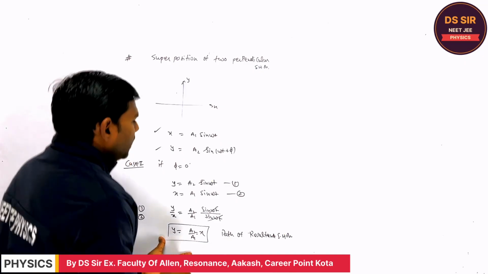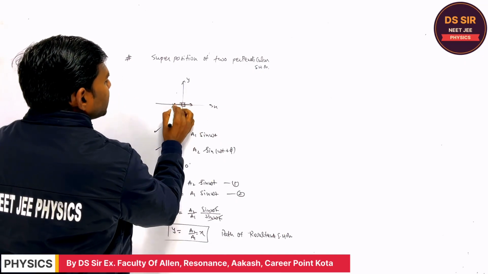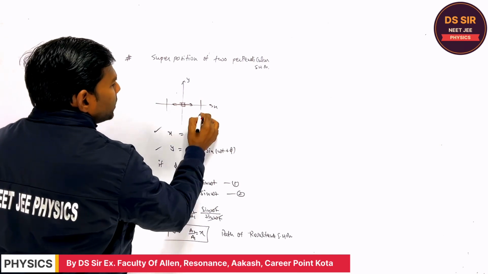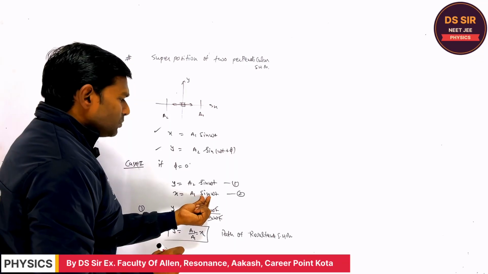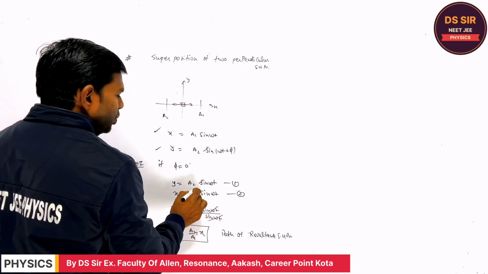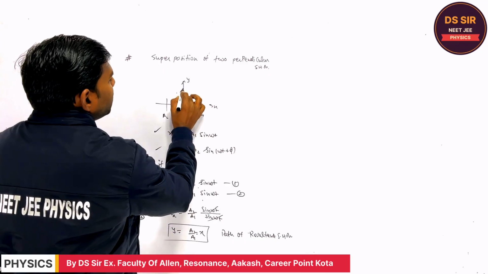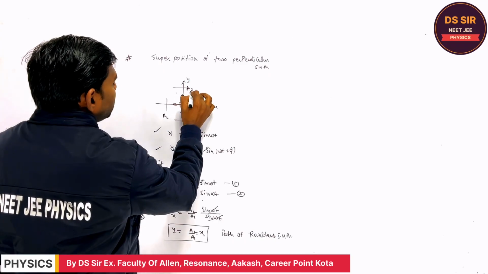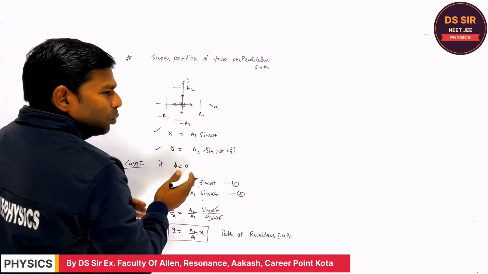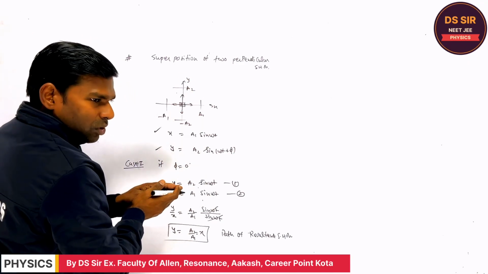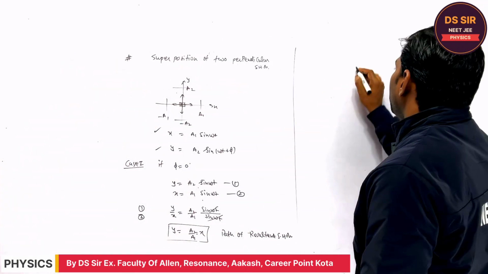It means if the two particles are performing SHM, in this direction the amplitude is A1, and at the same time, because the phase difference is 0, another particle is over there with amplitude A2, minus A2. When they superimpose each other, the resultant SHM will be like this.